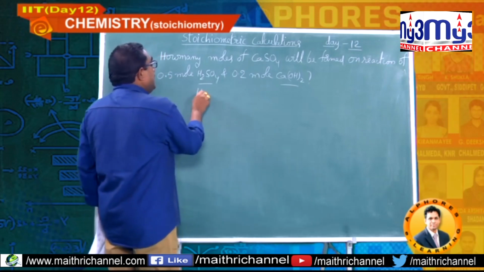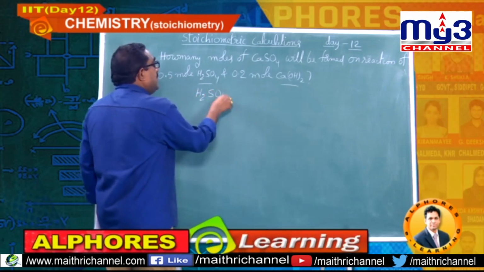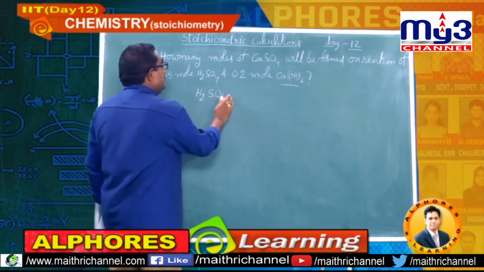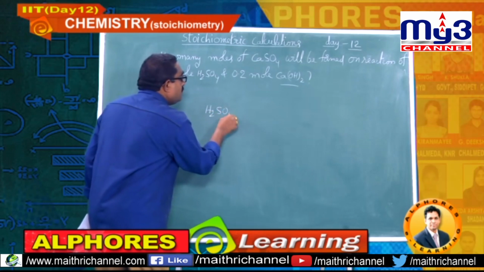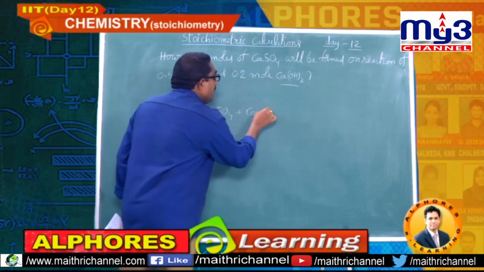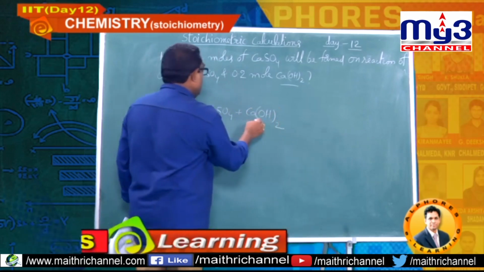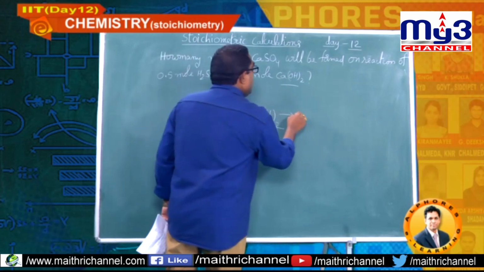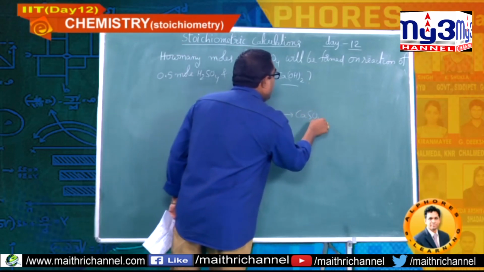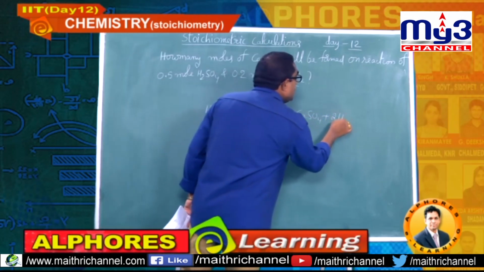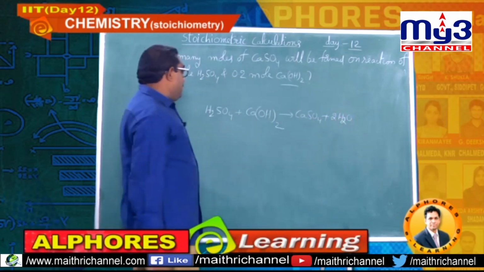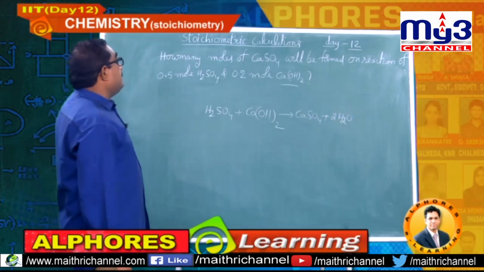So, I am writing that reaction. H2SO4 plus calcium hydroxide, you will get calcium sulfate salt, and 2OH, 2H, so total you will get 2 moles of water. This is the balanced chemical reaction.